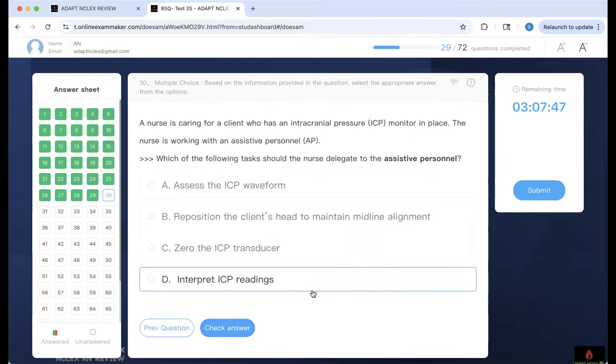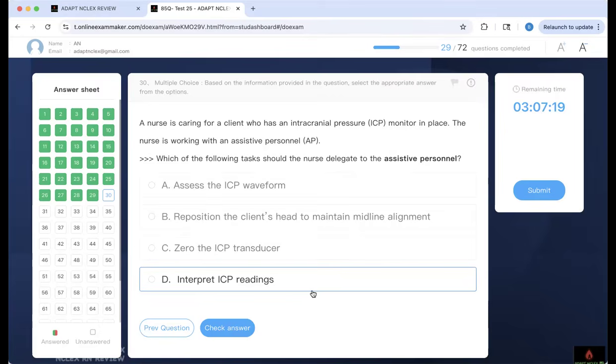Another ICP question for the 2026 NCLEX test plan. This is caring for a client who has ICP intracranial pressure monitoring in place. The nurse is working with assistive personnel. This is delegation, a change in the form of delegation. Which of the following tasks should the nurse delegate to the UAP? Assess the ICP waveform, reposition the client's head to midline, zero the ICP transducer, and interpret the ICP reading.